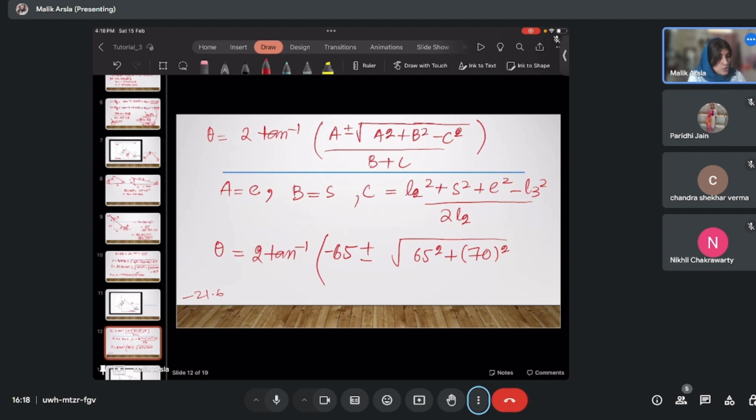Okay, so L2 is what, 15 square, right? L2 is 15, yes, ma'am. So it will be 15 square plus S is what, 70 square plus 65 square minus what is L3, 100 square, divided by L2 again, 15.